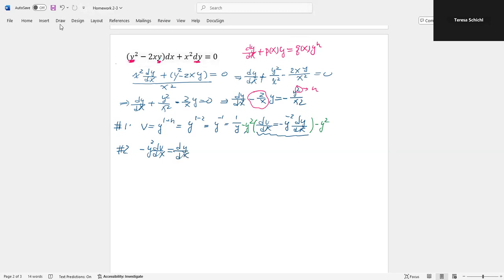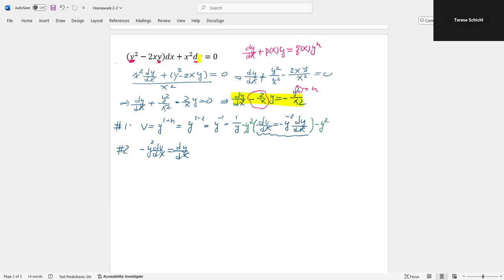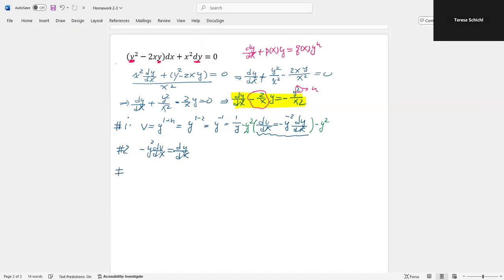Now let me highlight the equation I need to substitute into. Okay, I found my dy/dx. As we did in many of these Bernoulli problems, as you can see, the steps are almost exactly the same: step 1, step 2, step 3.